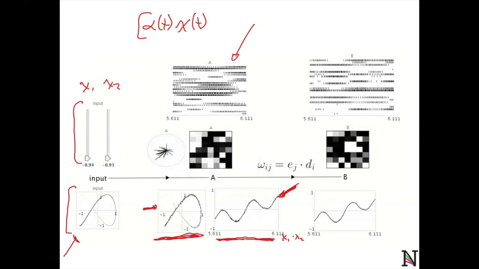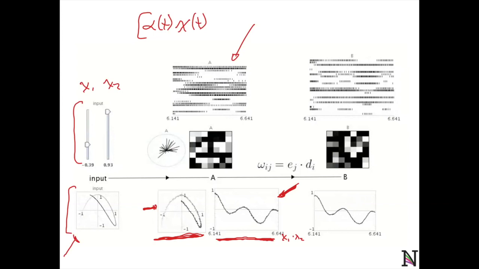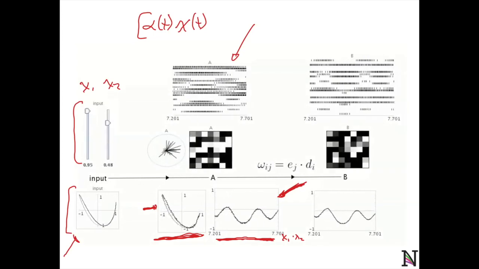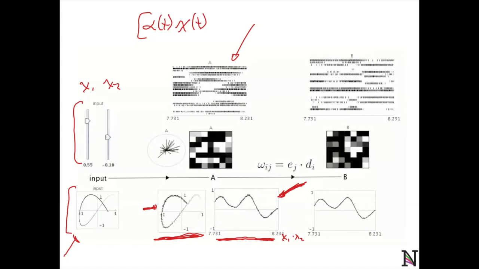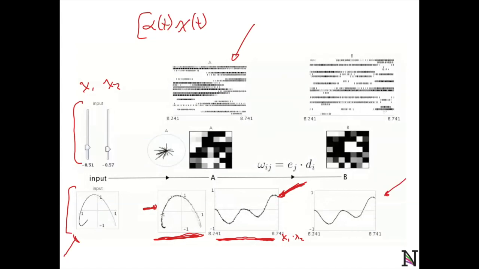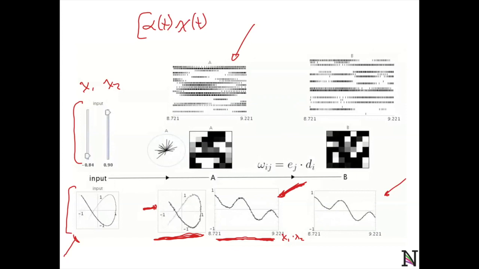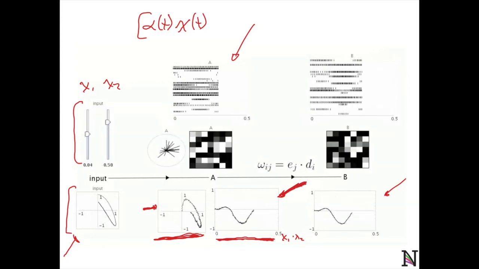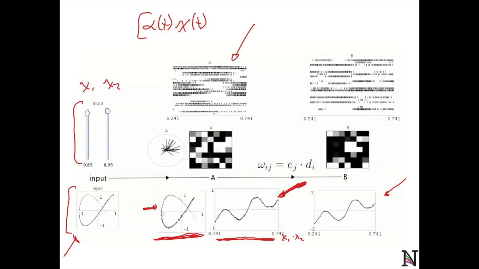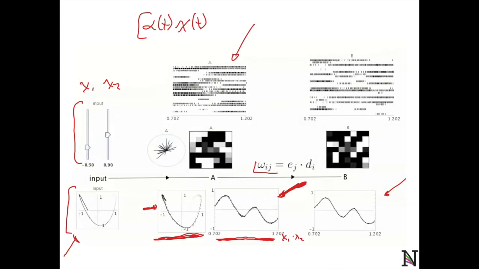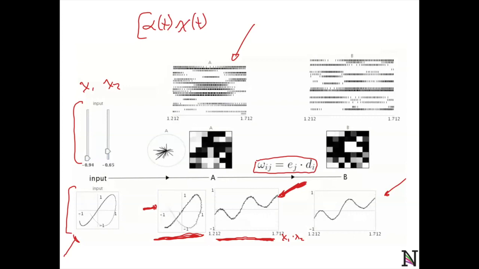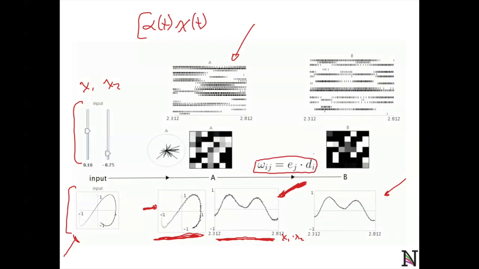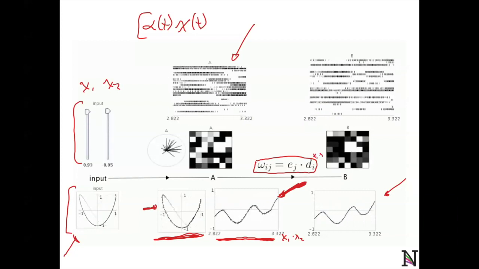And then last but not least, instead of just decoding that out of this population as we've done here, we can send that information to a second population, B, and decode it out of B. And of course, we get exactly the same sort of patterns that we were seeing in the direct decoding here. So now this is an example where we're computing some omega ij, where that omega ij happens to be using decoders which are doing x1 times x2, right?